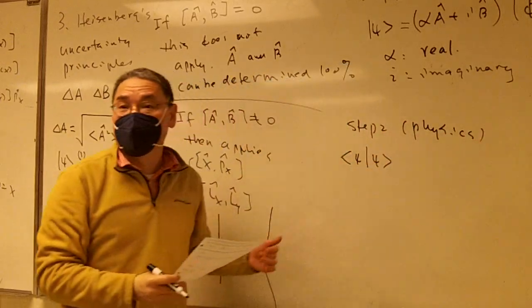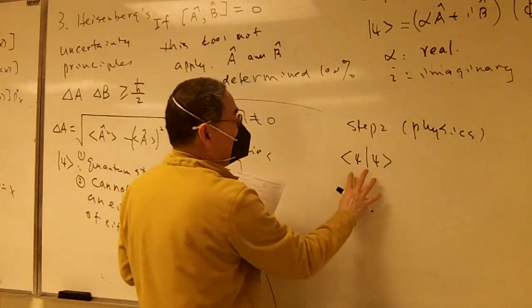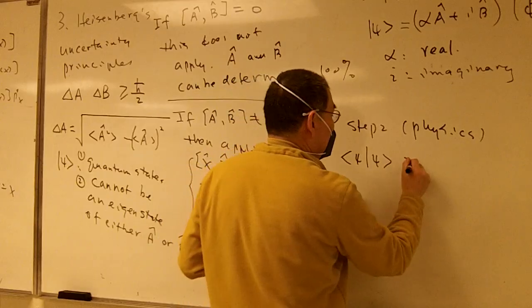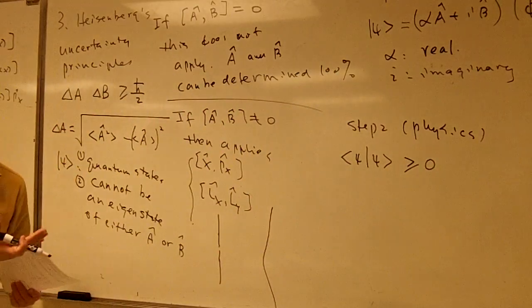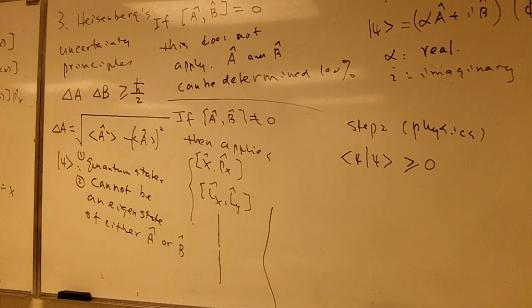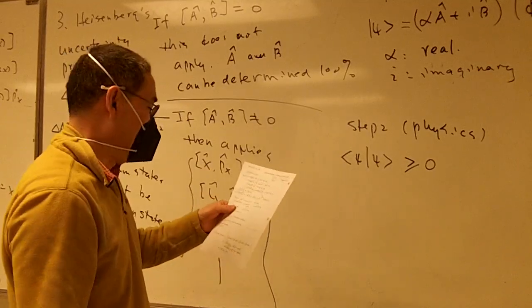Quantum mechanically, the probability must be larger than or equal to 0. It can be 0, of course, but normally it must be larger than 0. So that's the equation you're going to see.